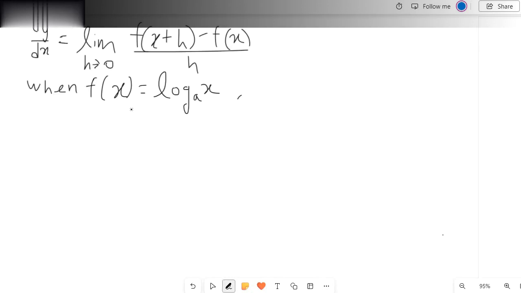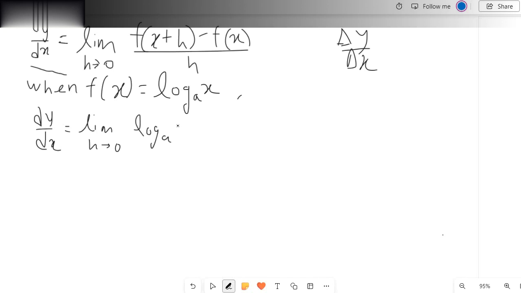So now let's move on to differentiation of log base a of x from first principles. So if you remember from my previous videos, dy/dx is equal to the limit as h tends to 0 of (f(x + h) - f(x)) divided by h, which is also known as the gradient function, or delta y divided by delta x, rise over run. So applying the formula, we have dy/dx equals the limit as h tends to 0 of (log base a of (x + h) subtracted with log base a of x) whole divided by h.